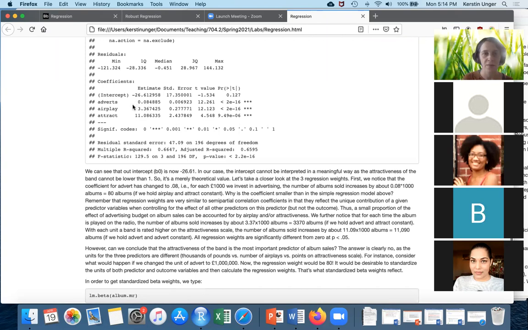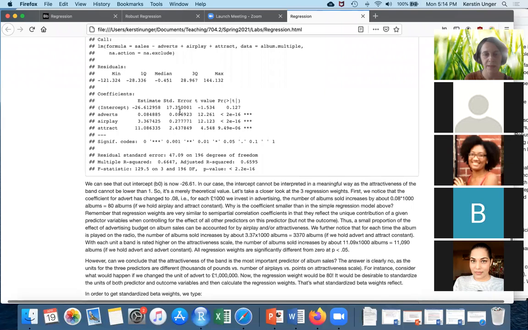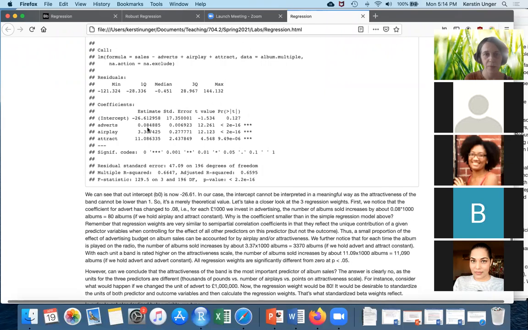If we wrote up the regression equation, it would be 0.084 and so on times advertisement budget, plus 3.367 times airplay, plus 11.08 and so on times attractiveness.